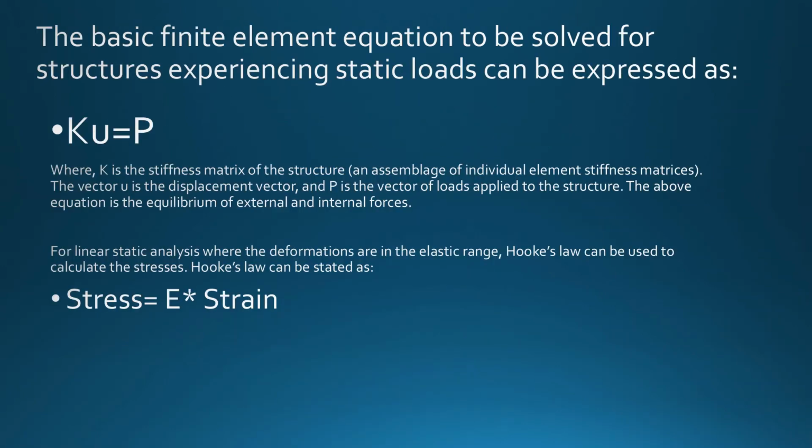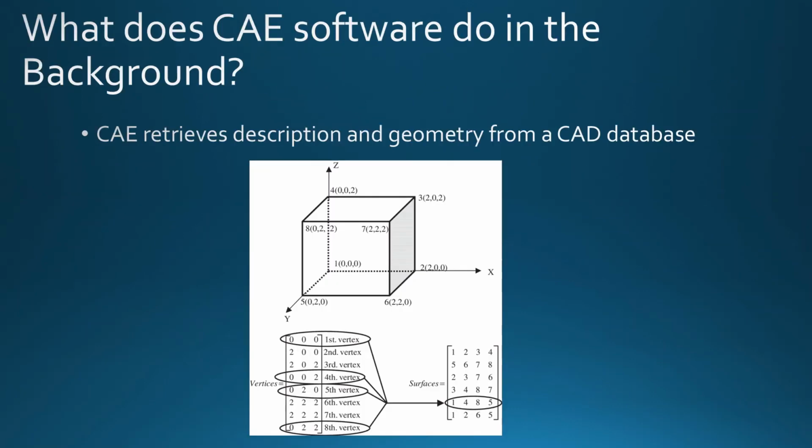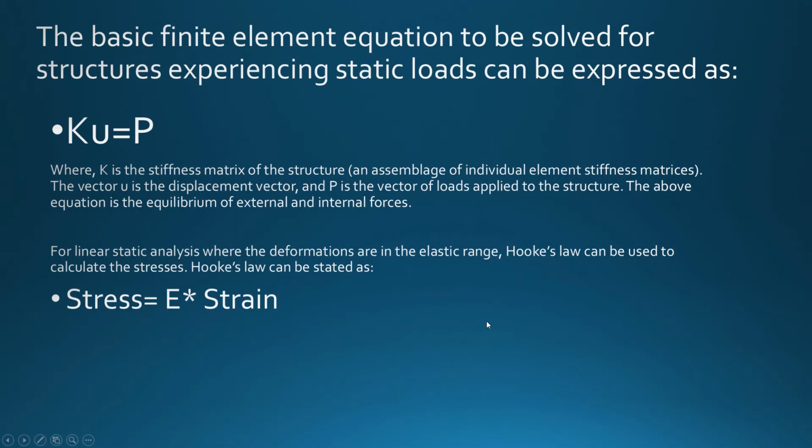The basic finite element equation to be solved for a structure experiencing a static load can be expressed as Ku = P. Now what is K, what is U, what is P? We already know K, that is the stiffness matrix that is defined in the CAD software itself, as you can see here. And what is U? U is displacement.